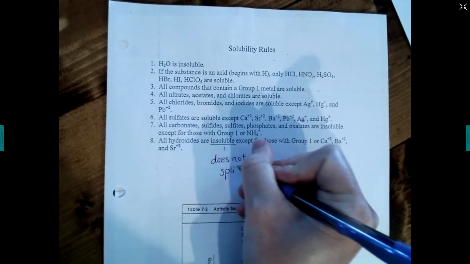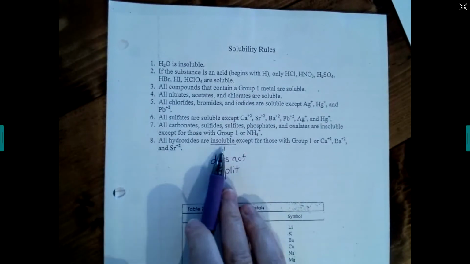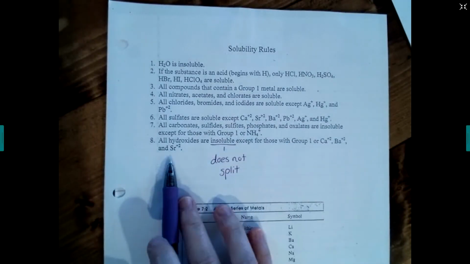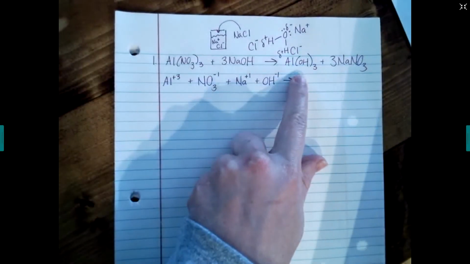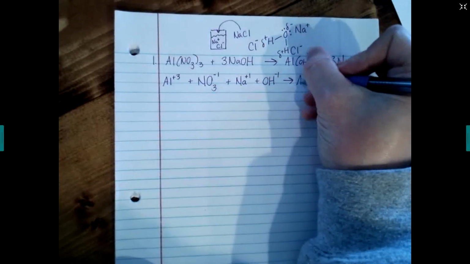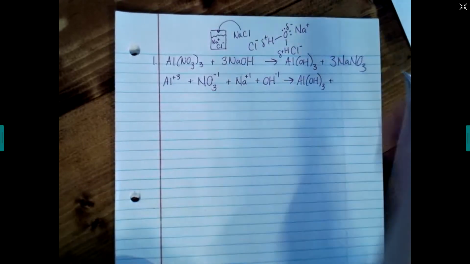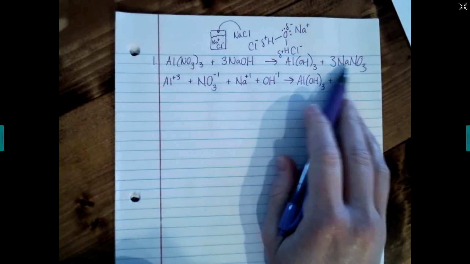It stays together. Okay, so if all hydroxides are insoluble, these are your exceptions. The one we're looking at is aluminum hydroxide. Aluminum hydroxide is not one of the exceptions, so that means it's going to stay together. It is insoluble.